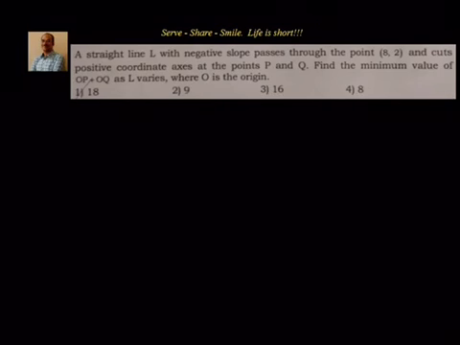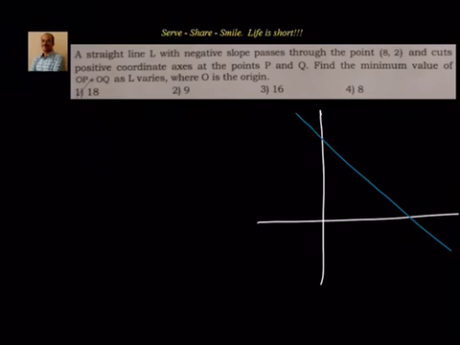So let's try to understand this particular question. For that we will do a simple graph. Let us say these are our coordinate axes, and let's put that line. This is our line. We know that the line passes through (8, 2), and this is a negative slope line.